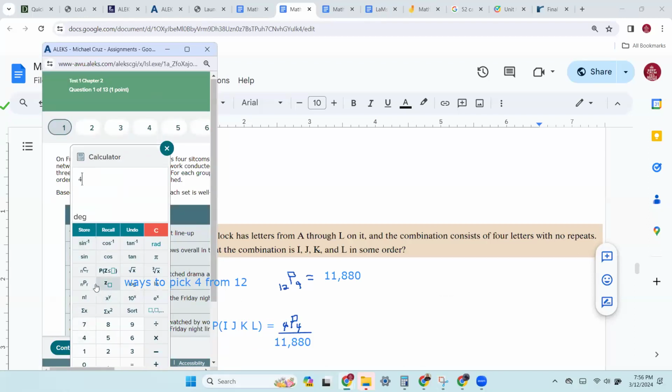The 4P4 gives us 24. So this is 24 over 11,880.